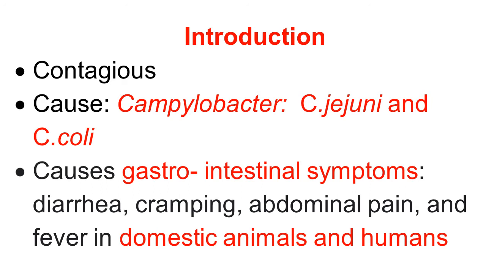The disease causes gastrointestinal symptoms, so it is named gastrointestinal campylobacteriosis. The main symptoms are diarrhea, cramping, abdominal pain also, and fever in domestic animals and in human beings.